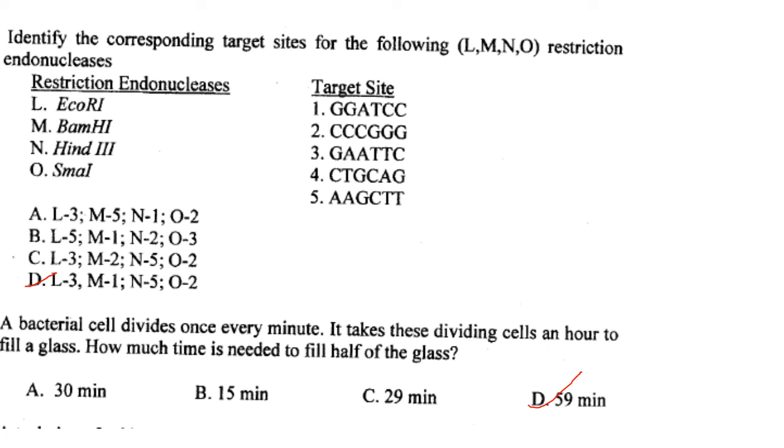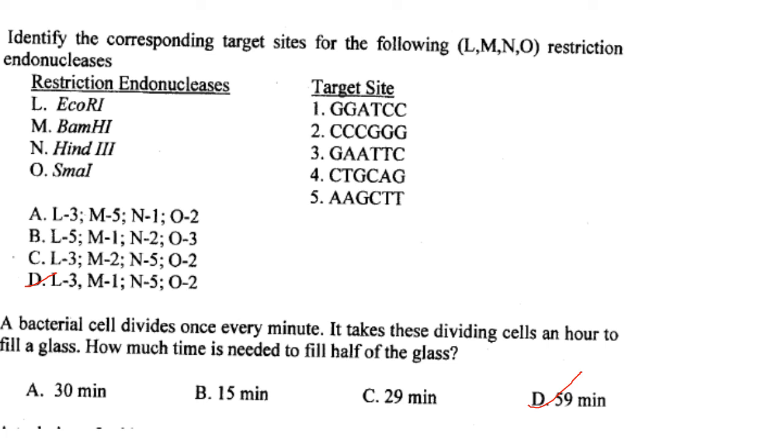Now next one. A bacterial cell divides once every minute. It takes these dividing cells an hour to fill a glass. How much time is needed to fill half of the glass? This is a usual question, asked not only in MSc entrance examinations but in most different entrance examinations. So the life cycle of the bacterial cell is 1 minute, which means the number of bacterial cells will double in 60 seconds.